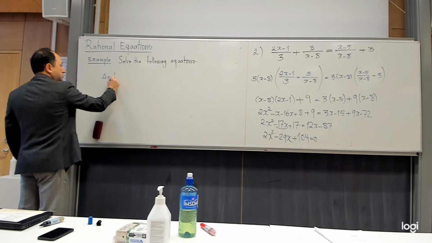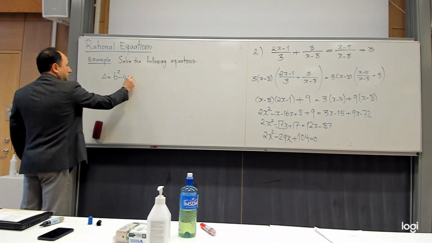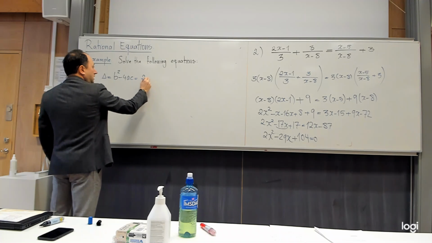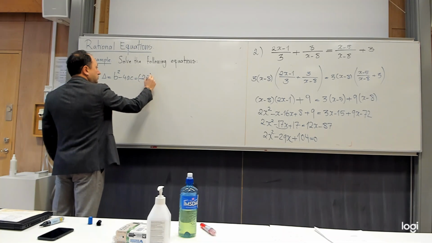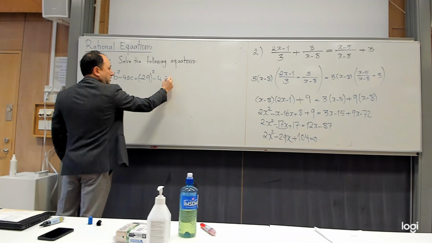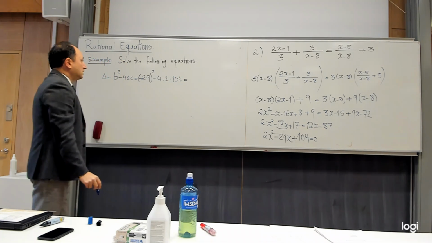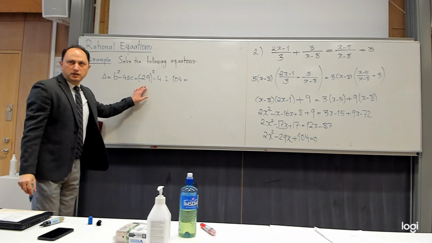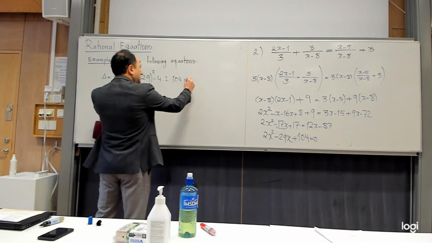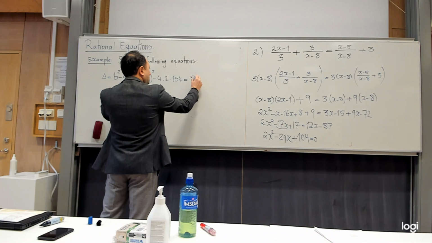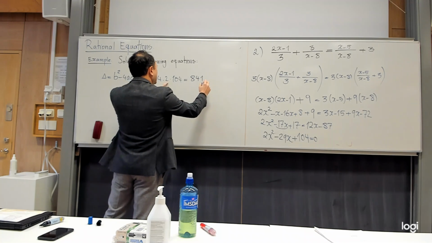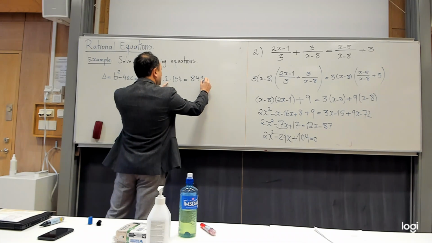So delta is b squared minus 4ac. And what happens? It becomes 29 squared minus 4 times 2 times 104, yes? What is this number? 841. And then this one? 832.